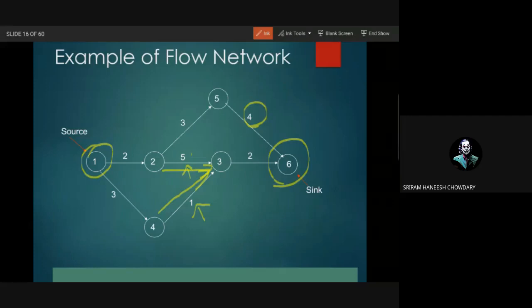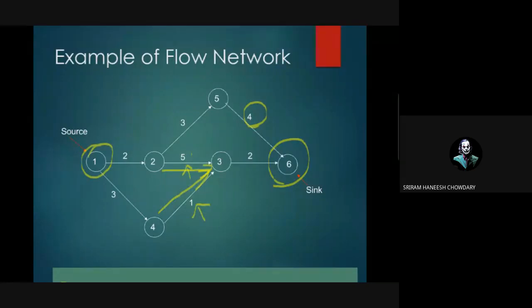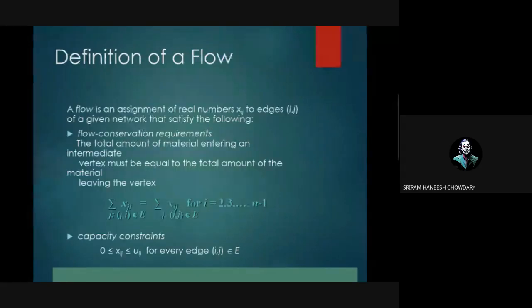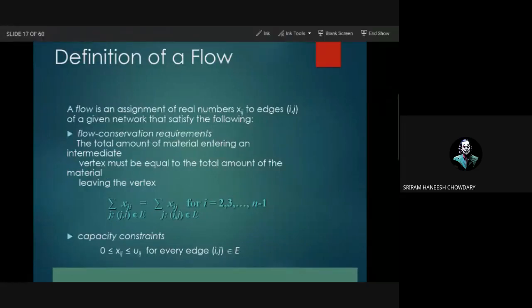So here we have to find a solution such that 2 constraints are satisfied. The first constraint is called the flow conservation requirement.